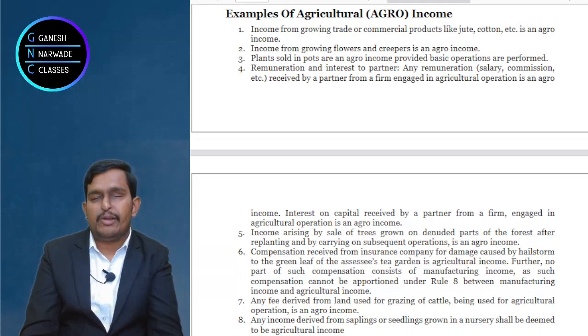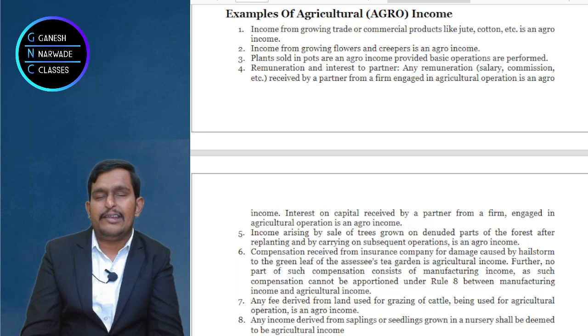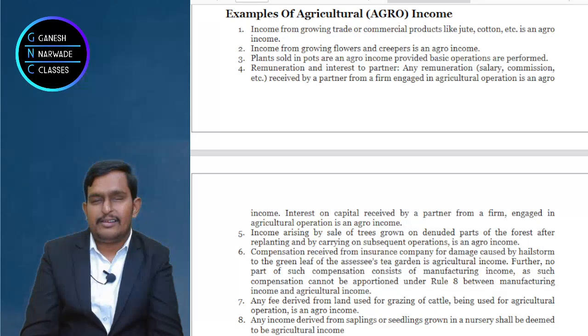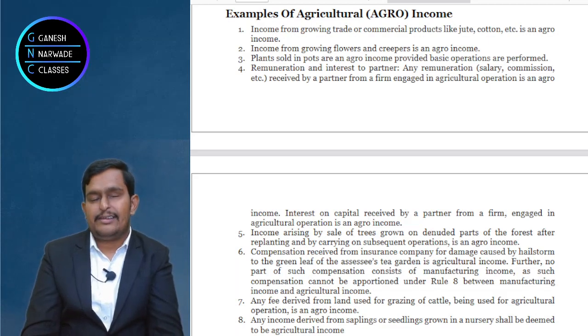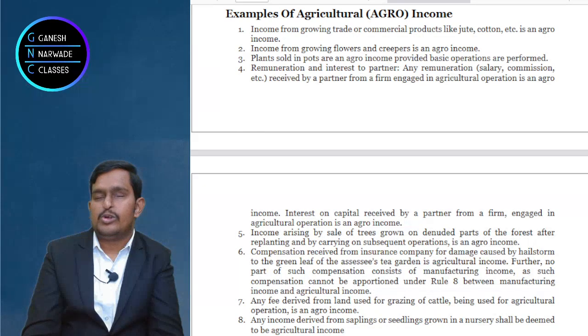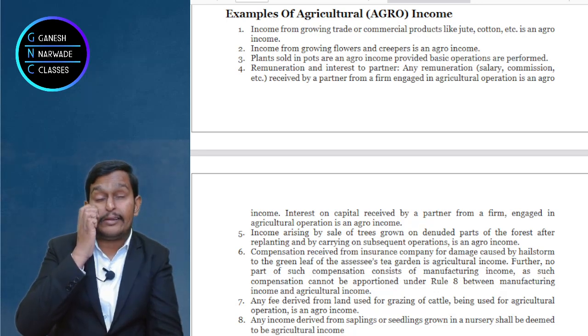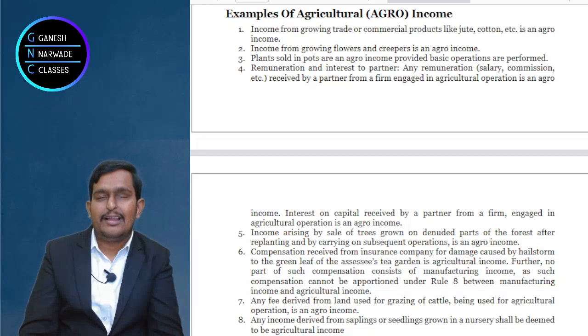Because of the hailstorm, the green leaves of the assessee's tea garden, like a lot of tea bushes, which are generally grown in Assam, if suddenly a huge hailstorm comes and the whole leaves are destroyed, after putting in all such efforts, unnecessarily there is a loss, correct? So they take insurance for it. So the insurance compensation received is also agricultural income.